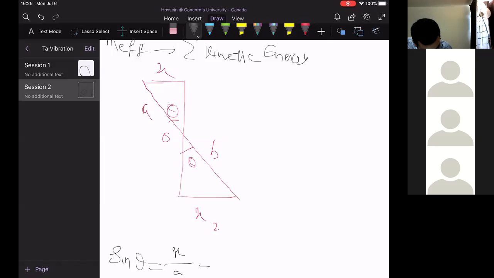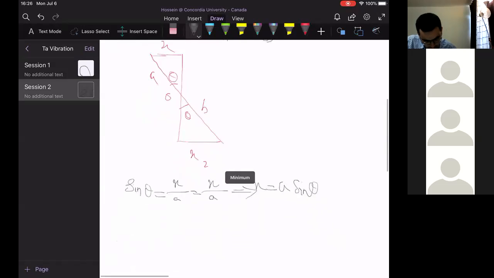Therefore, x over a. So therefore, x is a sine theta.